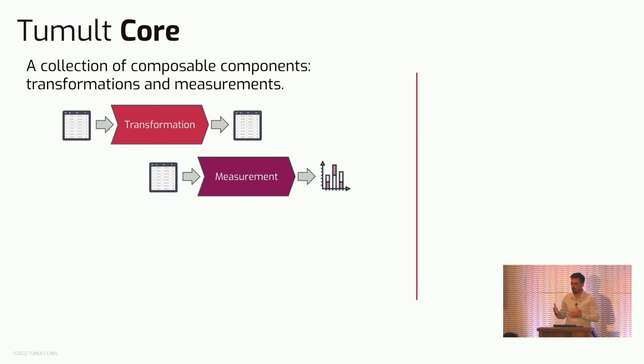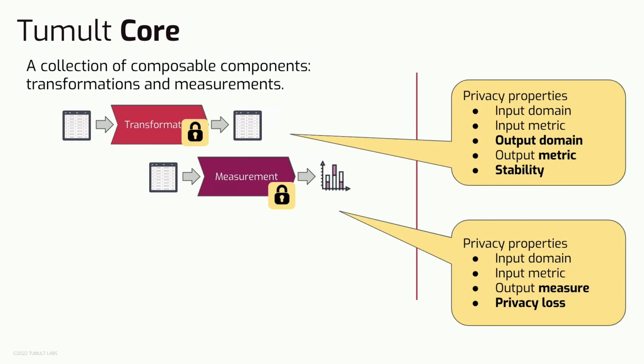It's a collection of composable components for implementing DP algorithms. It consists of transformations and measurements, which you can think of as basic DP mechanisms like the Laplace mechanism. Each component explicitly encodes its privacy properties. I won't get into the details of what those properties are, but the point is that these properties are declared, and then they're available for inspection, say by a user or by other system components.